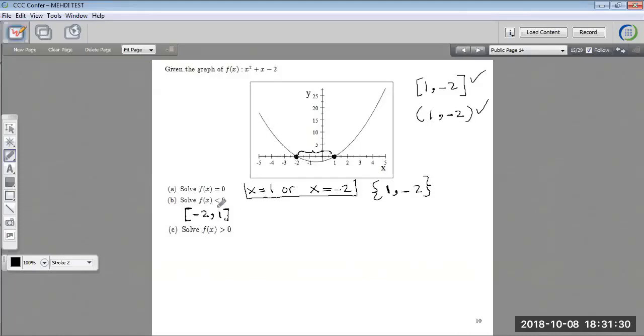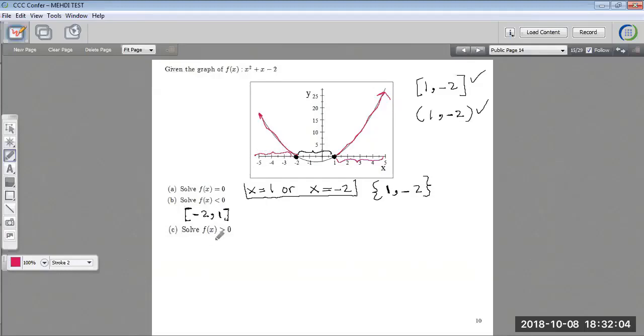Simple as that. For the one greater than 0, it's pretty obvious, right? Let's use a different color for that. For greater than 0, all the numbers from 1 to infinity would be greater than 0. This is where your function is above the x-axis. And then also this portion of the domain would be where the function is greater than 0.